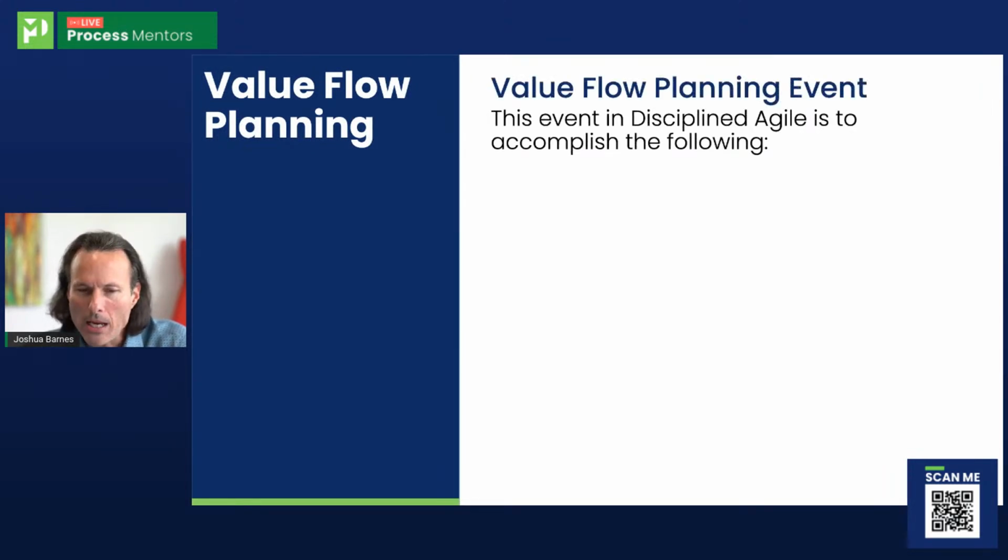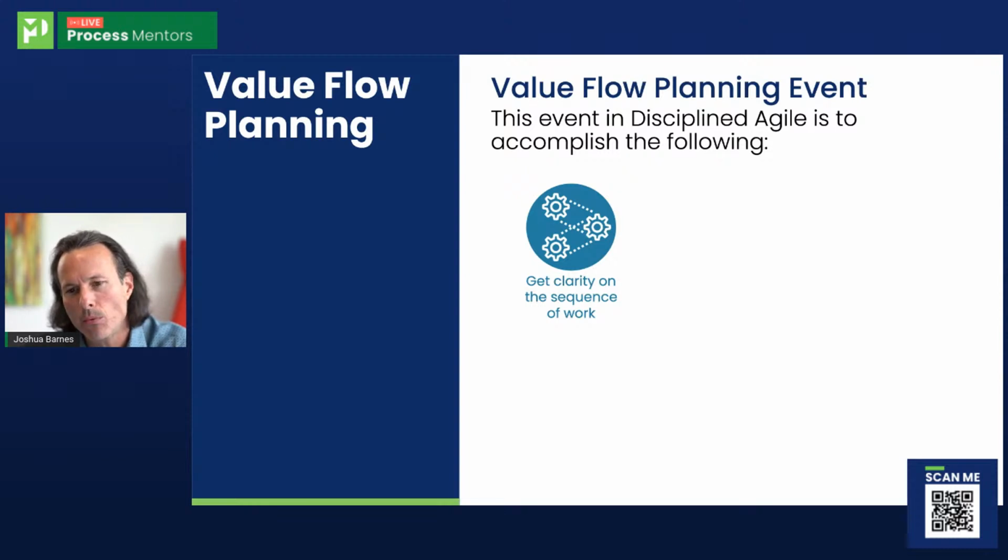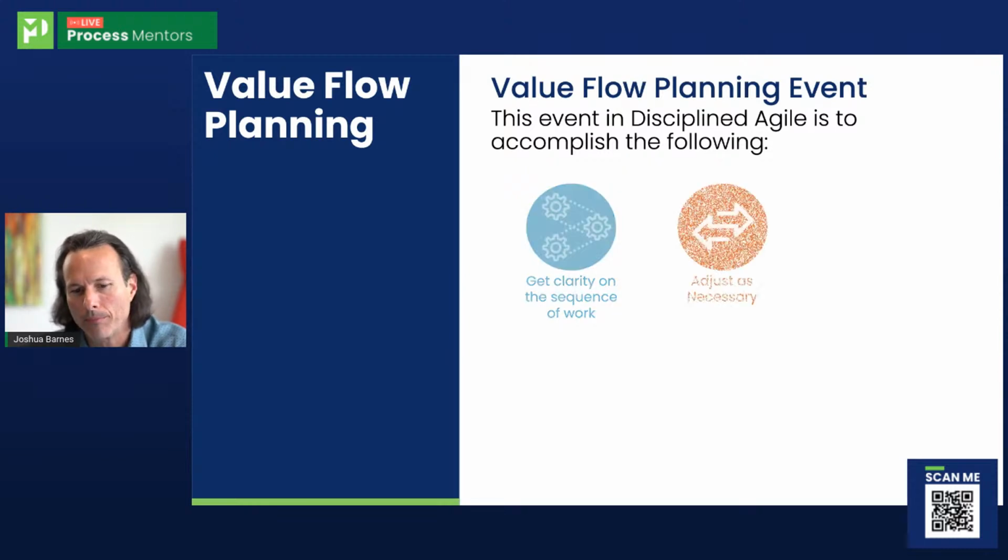So from a DA perspective, the event is intended to accomplish things like getting clarity on the sequence of the work that we're going to be doing. Making adjustments as necessary. So looking at things like accumulated impact, looking at dependencies that we're having to accommodate because we can't eliminate, or possibly we can eliminate with some of the options we have.